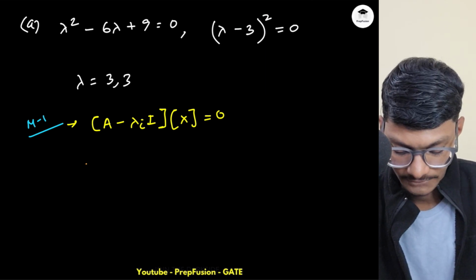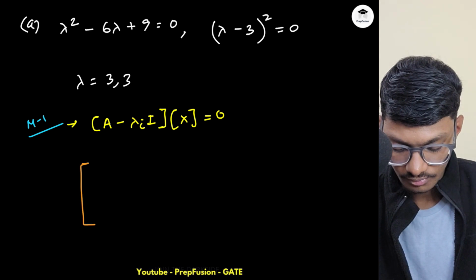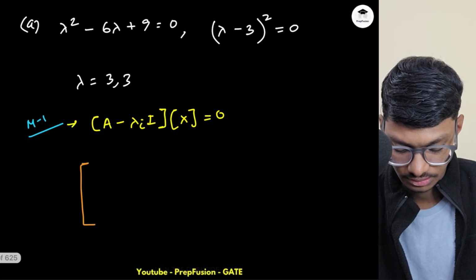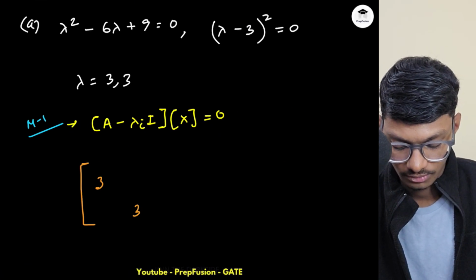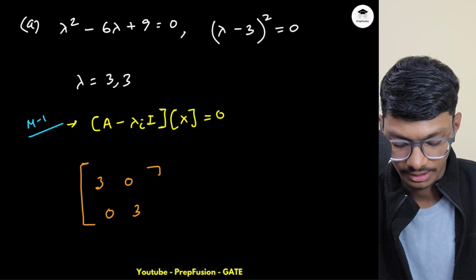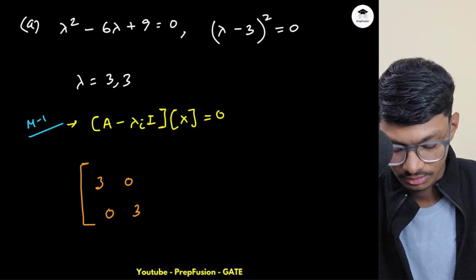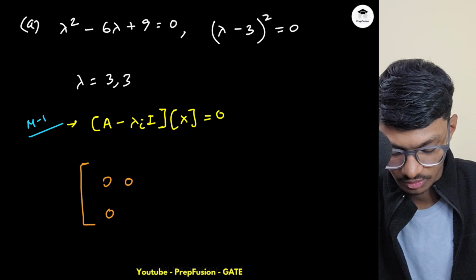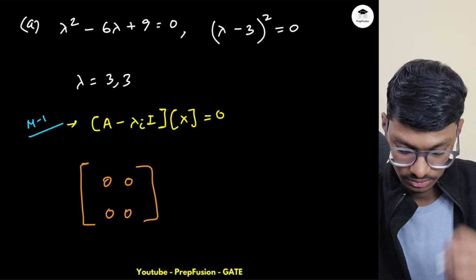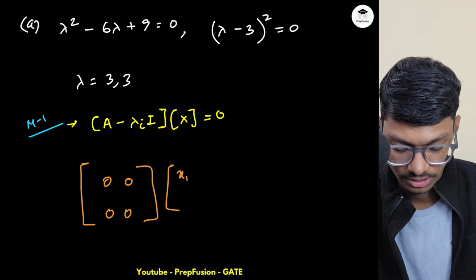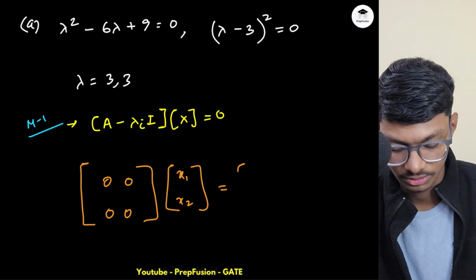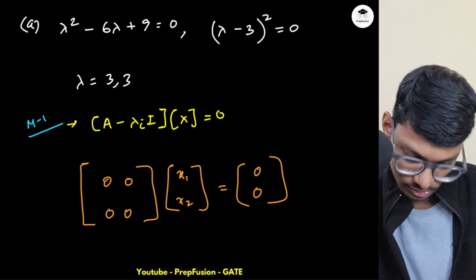What does this mean? A is [3, 0; 0, 3], and we subtract lambda, that is subtracting 3 from the diagonal elements, so they all become 0, and here I have x1, x2 equals 0, 0.